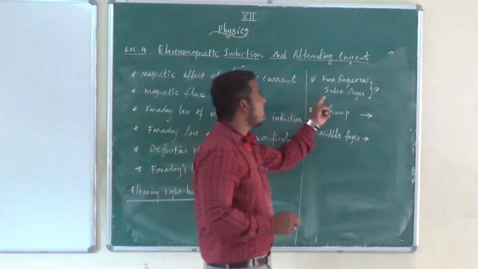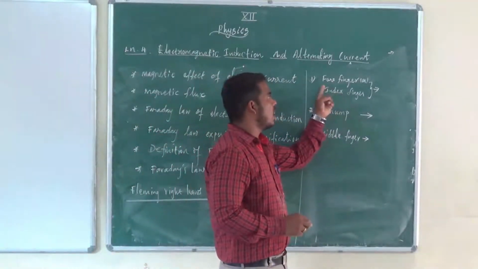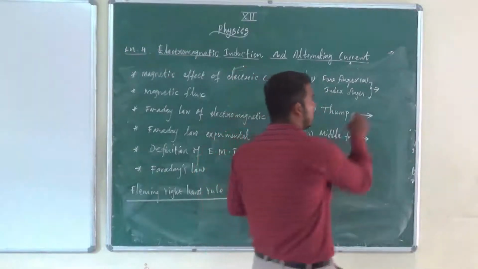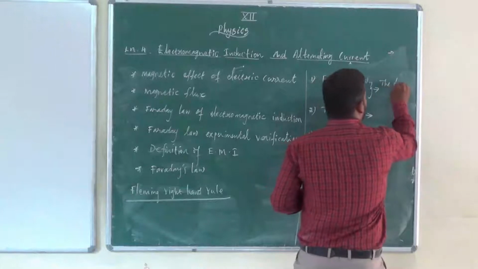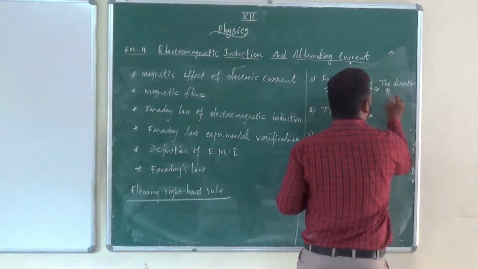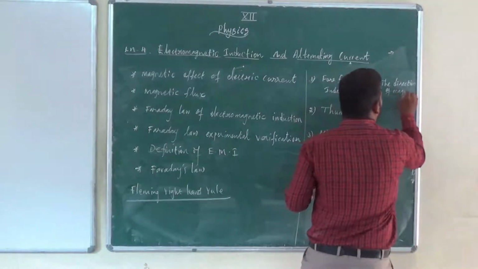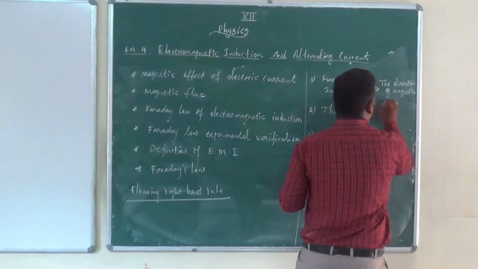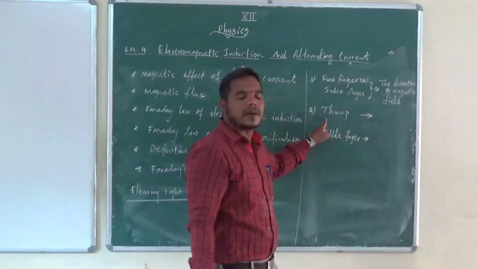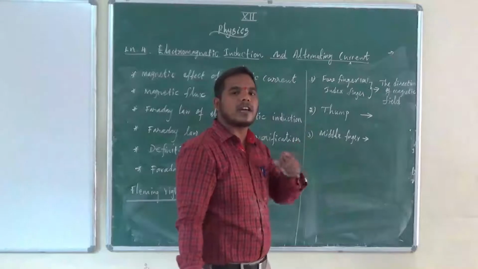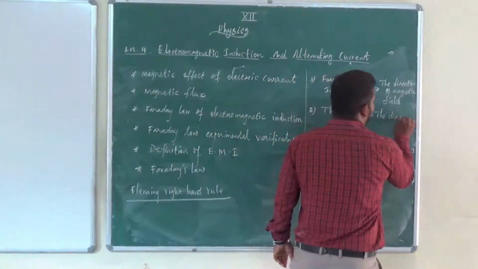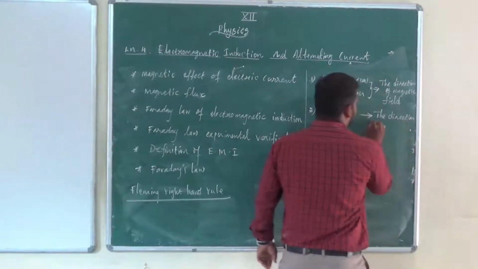So, the forefinger, or index finger, indicates the direction of the magnetic field. The thumb represents the direction of motion of the conductor.